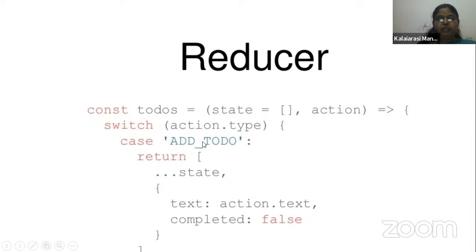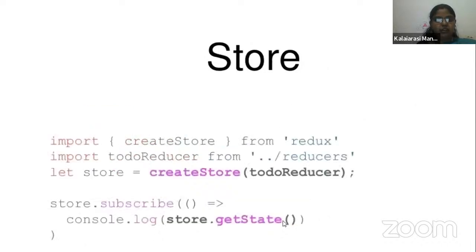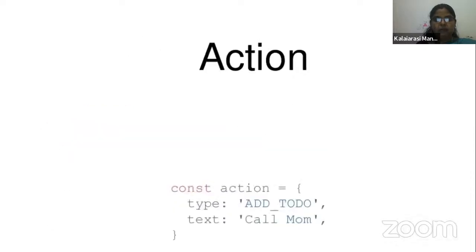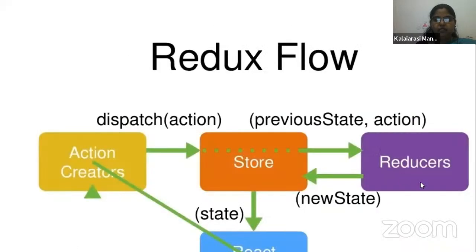Now in this PPT, it is written for add to-do, and the same state has been written. Here you have to write the logic to add the to-do list also. And finally, you have to return the action. Action is itself also passed here. So remember that state and action combinedly come in the reducer.